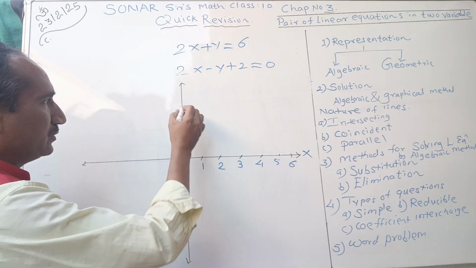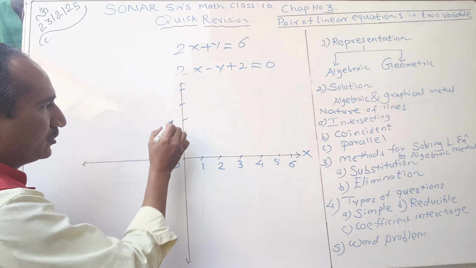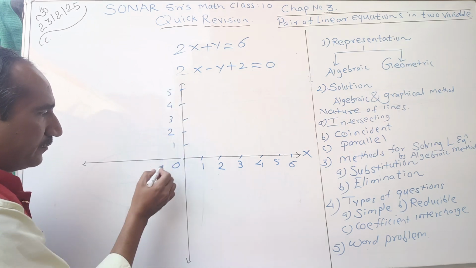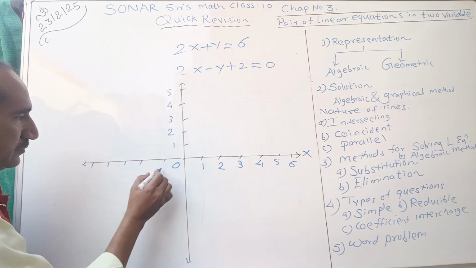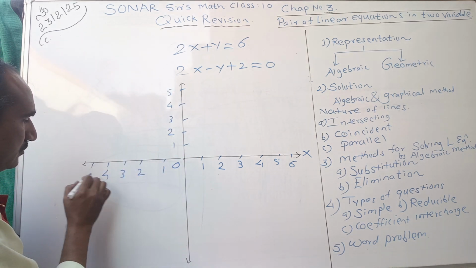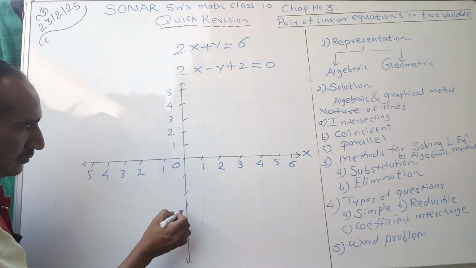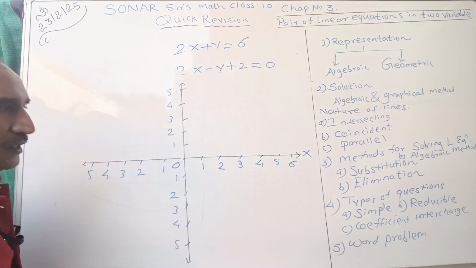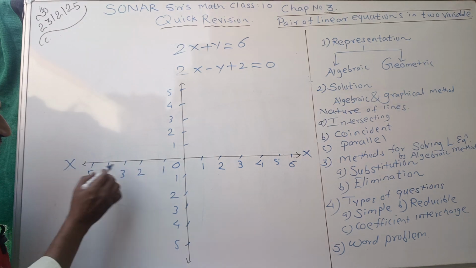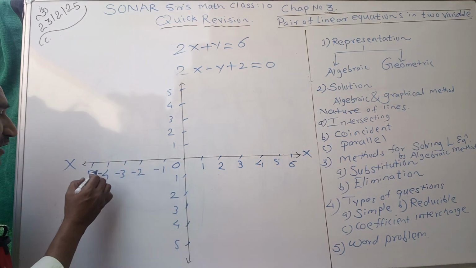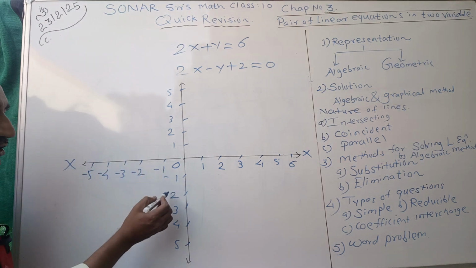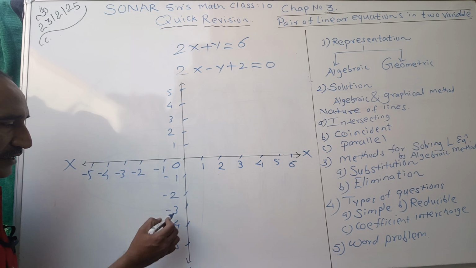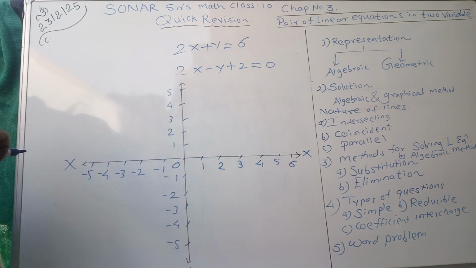Here also 1, 2, 3, 4, 5. This is the negative direction of the x-axis, we will take it as negative. This is the negative direction of the y-axis, we will take it as negative. This is a positive sign.